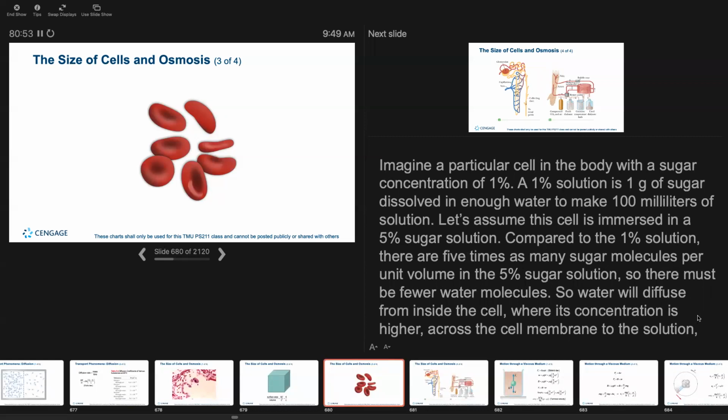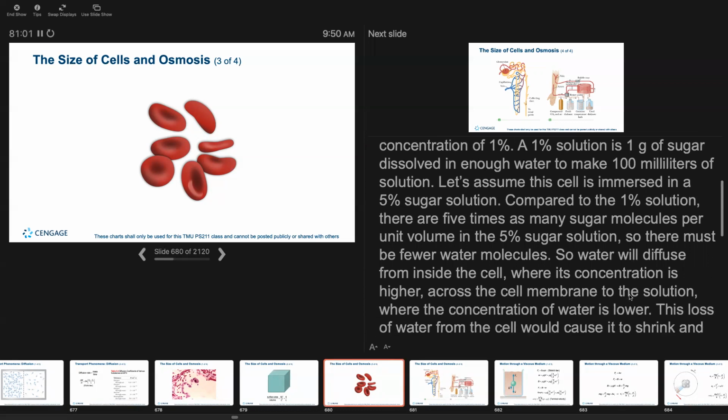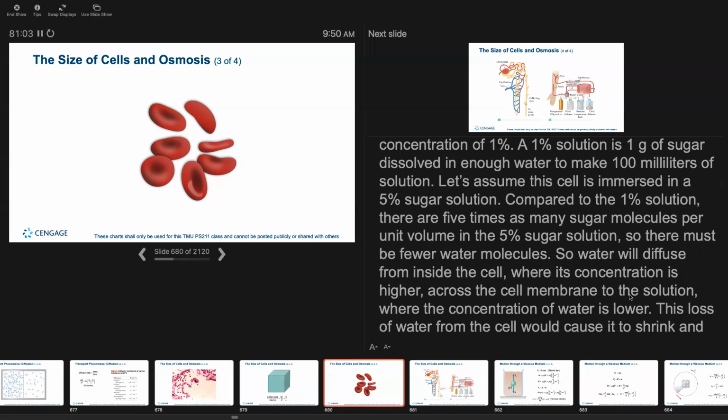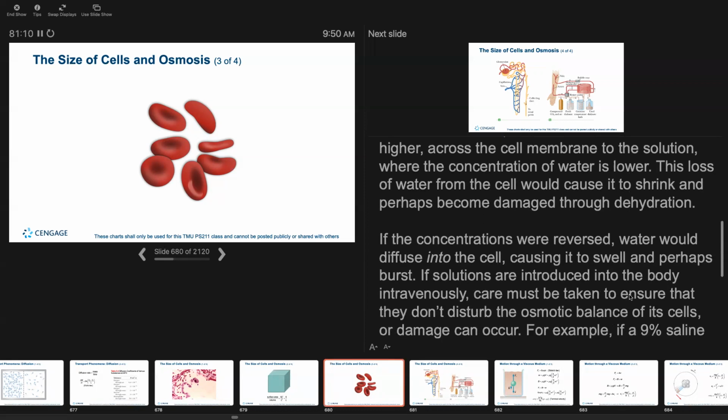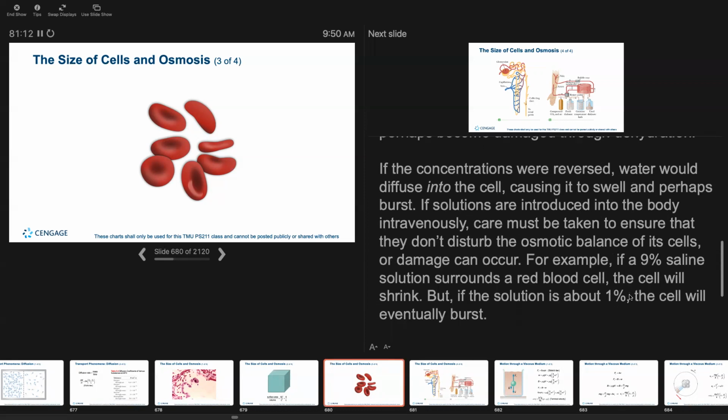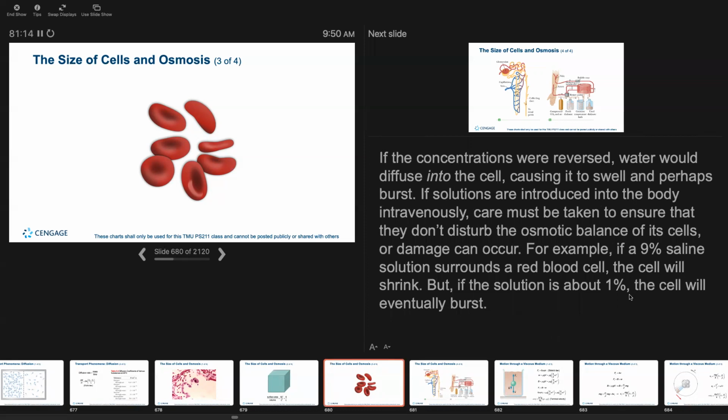So there must be fewer water molecules. So water will diffuse from inside the cell, where the concentration is higher, across the cell membrane to the solution where the concentration of water is lower. This loss of water from the cell would cause it to shrink and perhaps become damaged through dehydration. If the concentrations were reversed, water would diffuse into the cell, causing it to swell and perhaps burst.